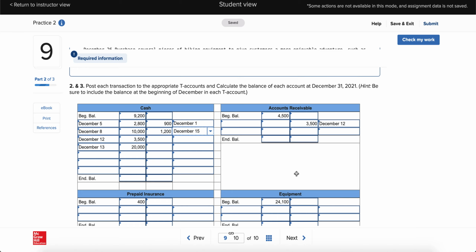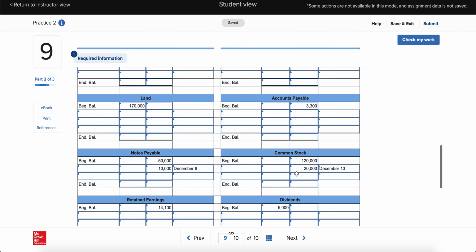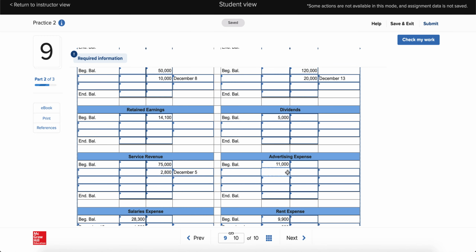Okay, the next one, and I need to switch pictures here. Couldn't get it all on one screenshot. December 17th, we had advertising expense as our debit, and that was for $1,000. And the credit was to cash.